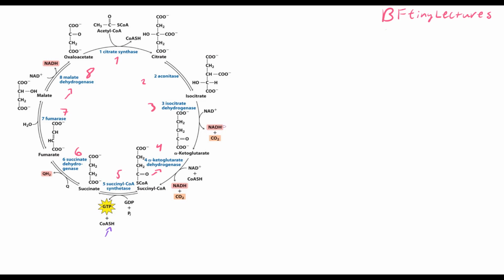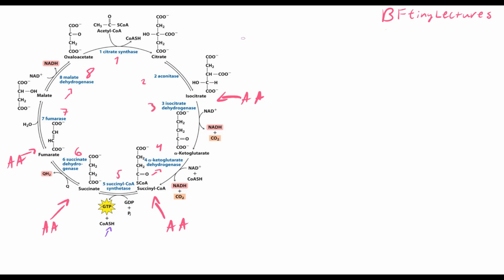But how do we create those products? We create those products by actually having amino acids. So we have amino acids that enter the cycle at different parts, right? So that kind of helps out a little bit. And then not only that, but we can also use fatty acids, right?